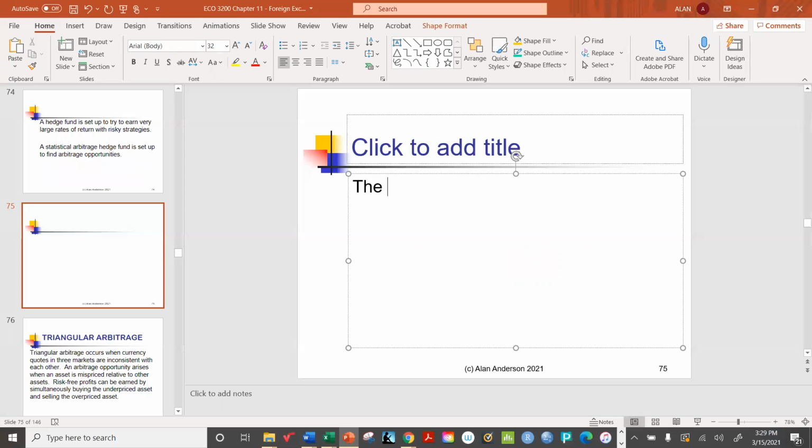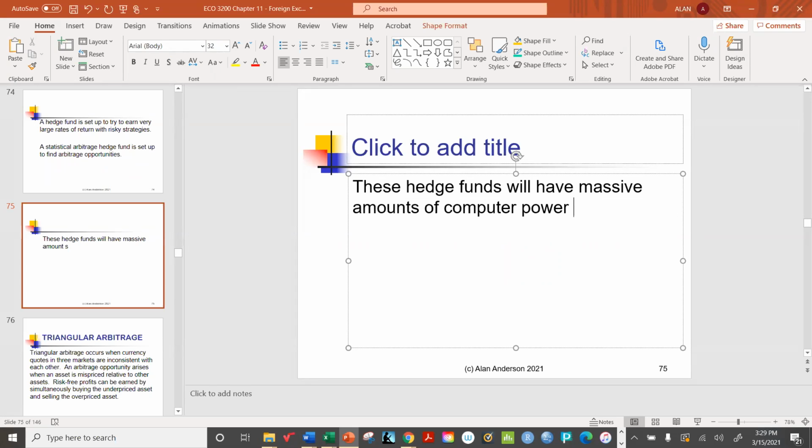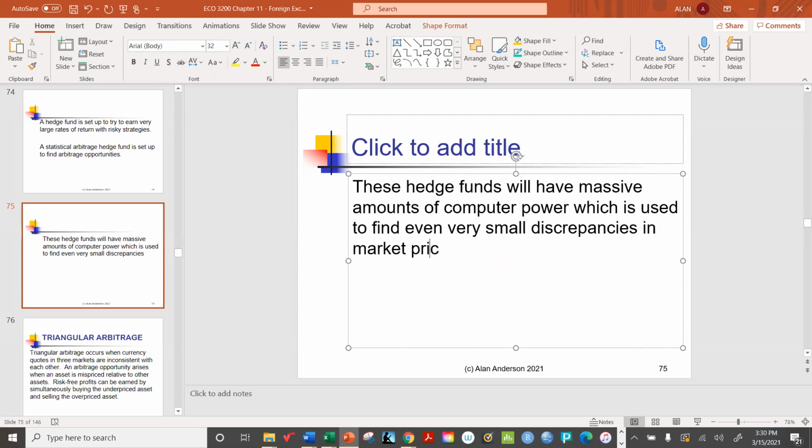These funds will have massive amounts of computer power, which is used to find even very small discrepancies in market prices, and then take advantage of these to earn arbitrage profits.